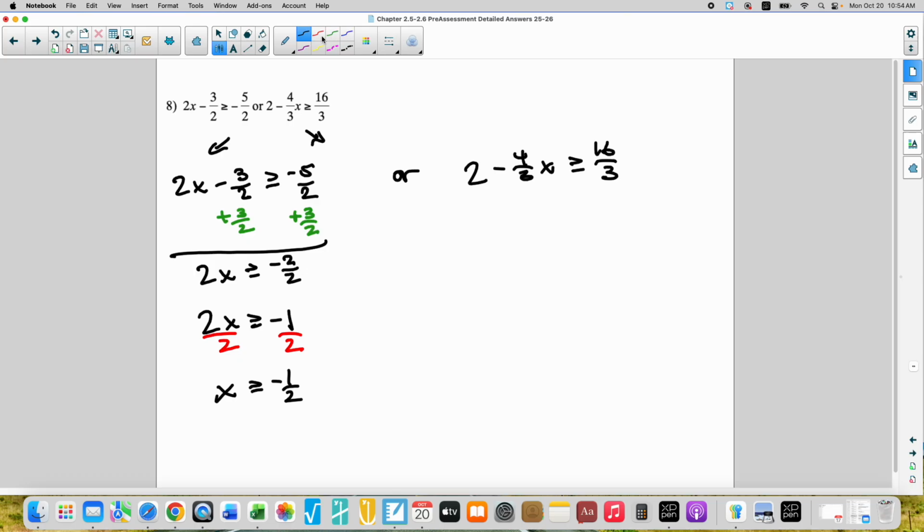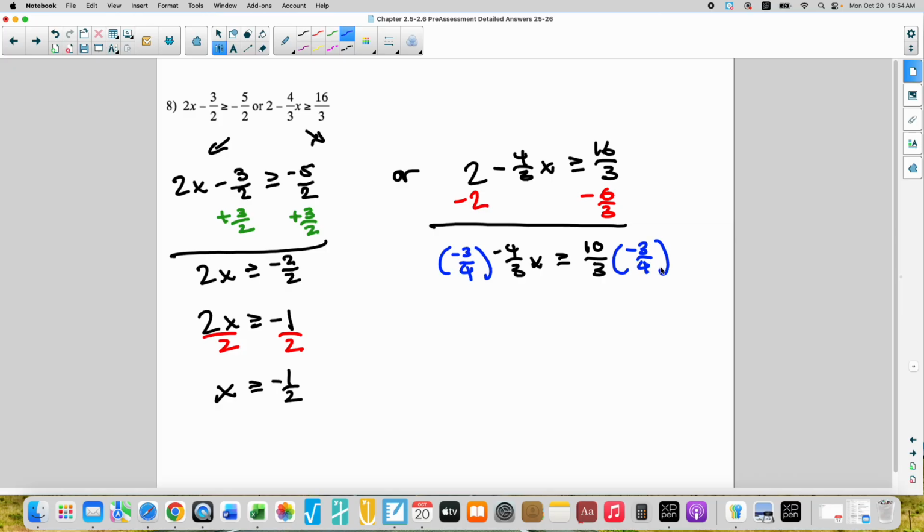Let's minus the 2. And instead of doing 2, I'm going to do 6/3, because 2 is equivalent to 6/3, and we can have like denominators. We get negative 4/3 x is greater than or equal to, like denominator, 16 minus 6 is 10/3. I don't have to simplify it. We have fractions, and they're multiplying, so I'm going to multiply by the reciprocal, negative 3/4.